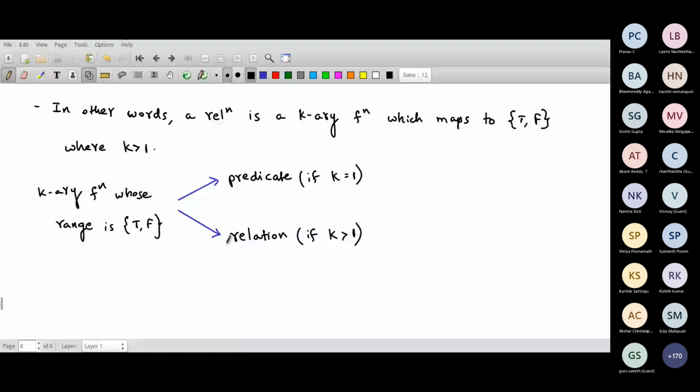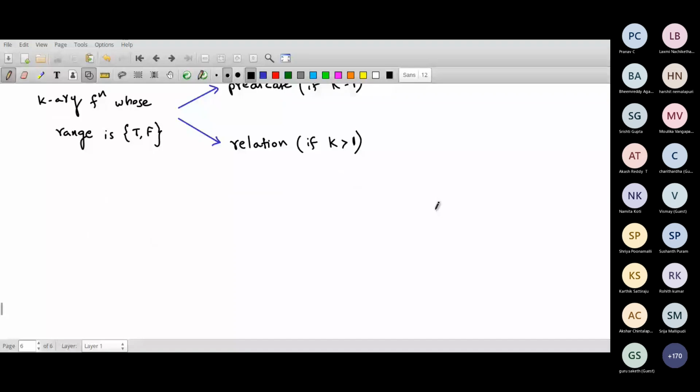Okay, now a simple way of understanding this, you see, in real life, when we deal with objects, when we try to describe one object, say some x, you can describe various things about that object like, okay, it is white, it is round, and maybe it is big, right?